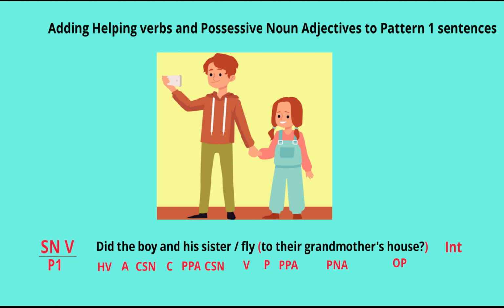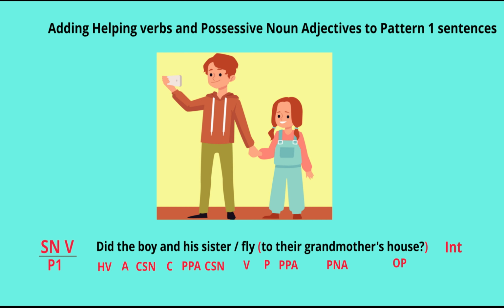So boy is the compound subject noun. Sister is also compound subject noun. And is the conjunction. We have talked about it. Fanboys, right? His sister. Whose sister? The boy's sister, right? His sister. His is a pronoun. But here it's showing ownership, right? So because it shows ownership, it would be possessive pronoun adjective.